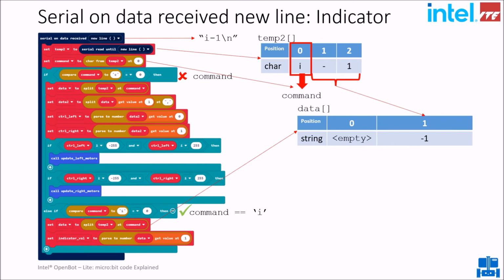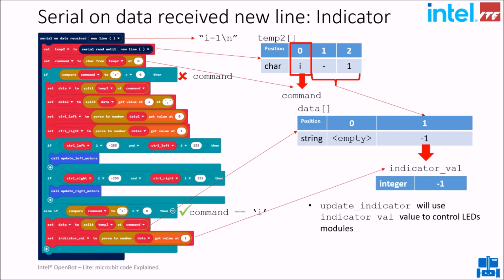The first member of the data array is empty as there is no string before i. The second member of the data array contains the string of the values of the indicator. Next, we convert the second member of data from string to integer and store it in the indicator value variable. This will be used in the update indicator function.